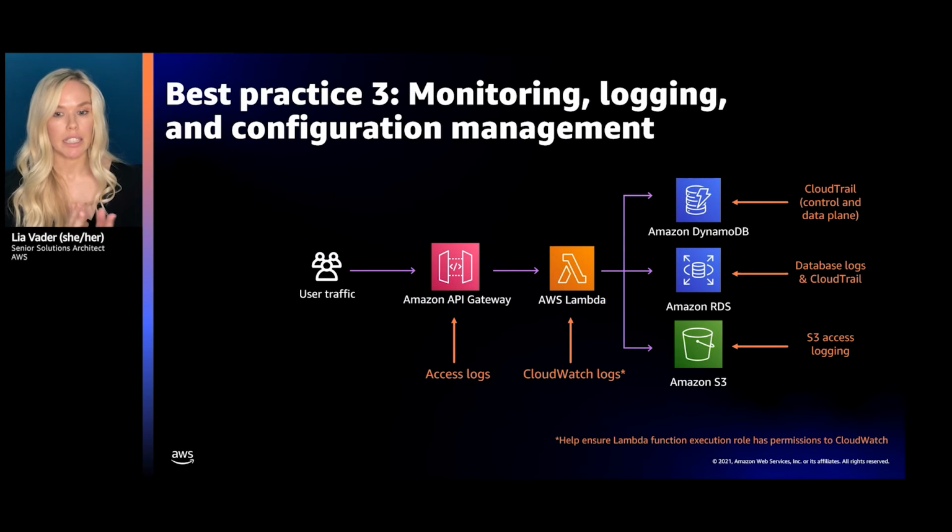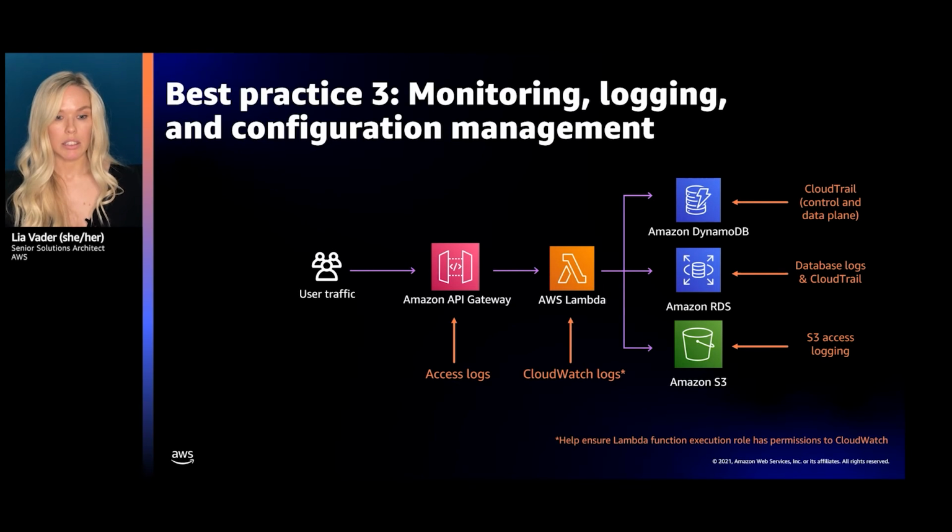API Gateway allows for access logging. It does also allow for execution logging for additional debugging, but this isn't something you want to be running in production. You want to use execution logs for debugging in your development environments. Next, you have logging in Lambda through CloudWatch Logs.